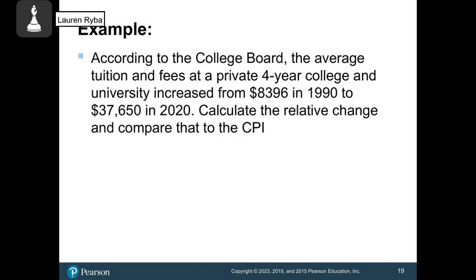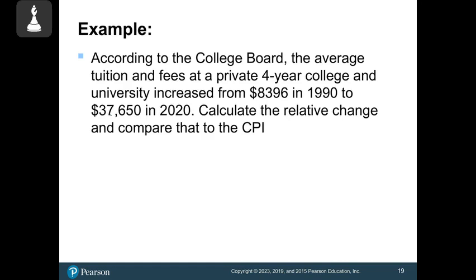According to the College Board, the average tuition and fees at a private four-year college and university increased from $8,396 in 1990 to $37,650 in 2020. Calculate the relative change and compare that to the CPI. Relative change wants us to take the difference between the two divided by the initial value.